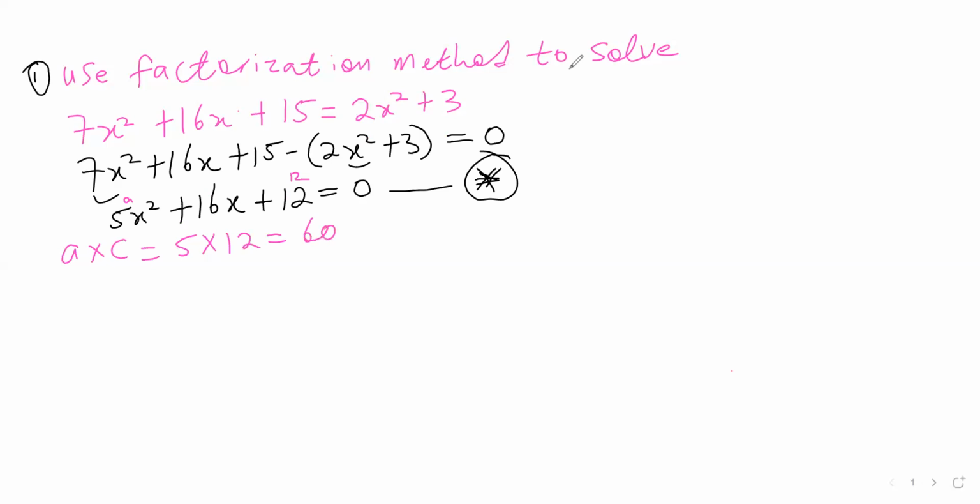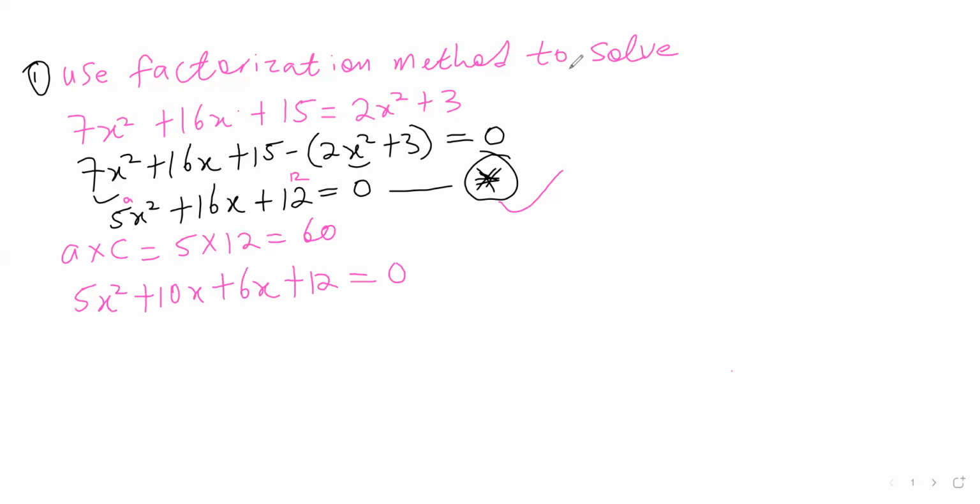What it means is that you have to find two numbers that when you multiply give you 60, and when you add give you 16. That is 10 and 6. So I can rewrite this equation as 5x squared plus 10x plus 6x plus 12 is equal to 0.